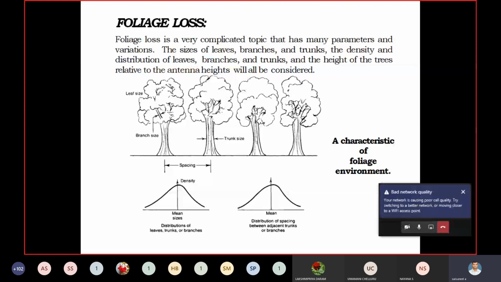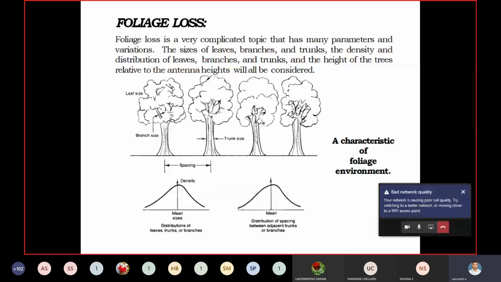In urban areas, the number of trees is very small because human structures are more numerous, so foliage losses are less. In rural areas, the number of trees is more, and in thick forest even more. The total number of trees depends upon the geographical area.